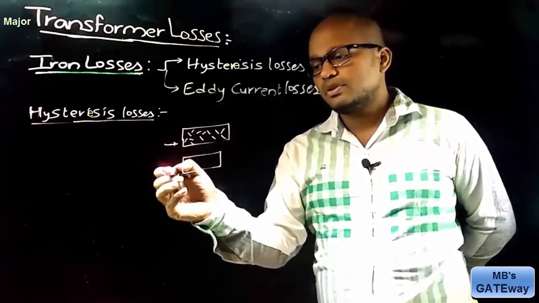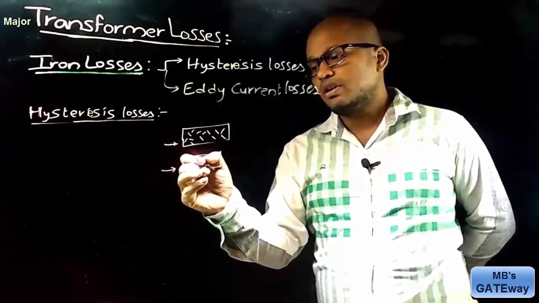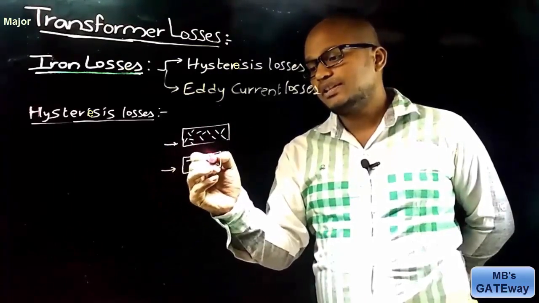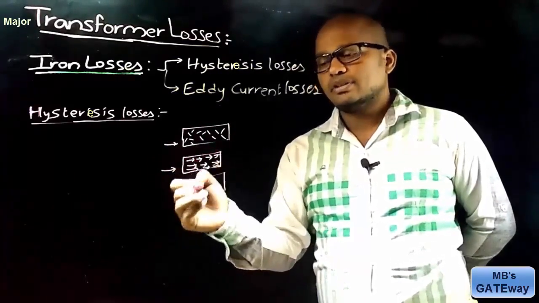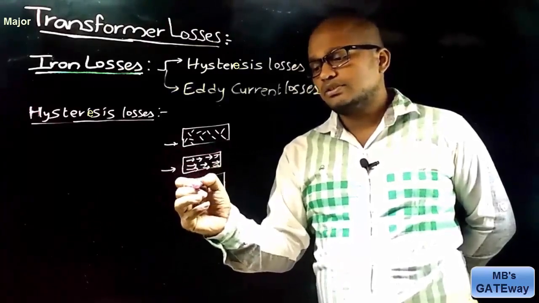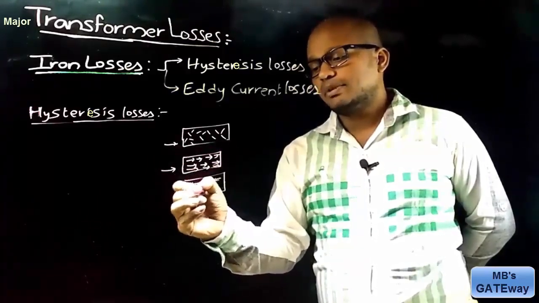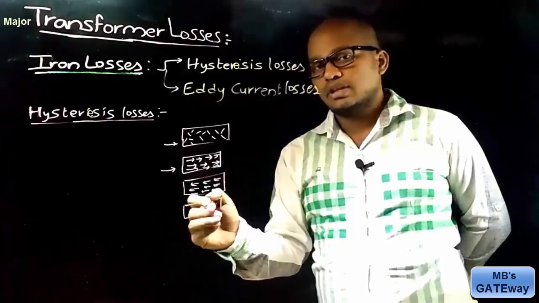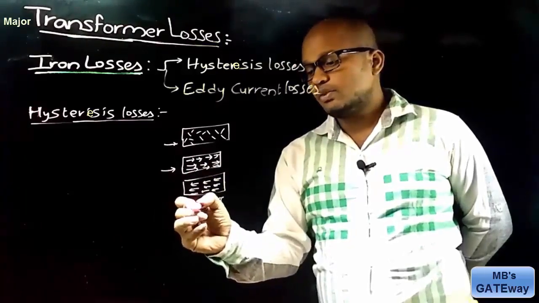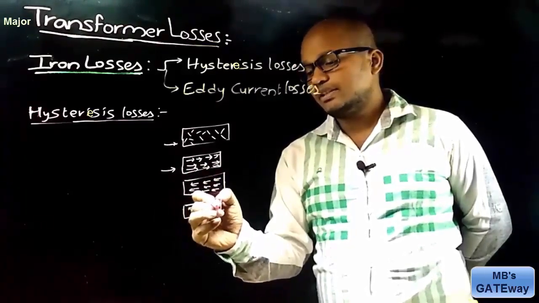So let us suppose that because of the input excitation, all the domains are aligned in this particular direction, and similarly for another excitation the domains will align in a direction like this, and for another excitation the domains might be aligned in this direction.